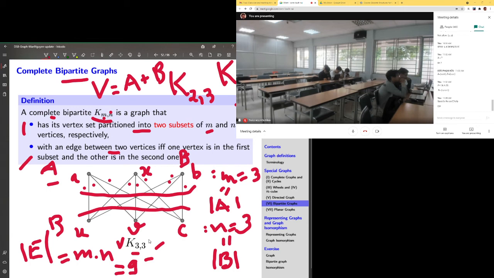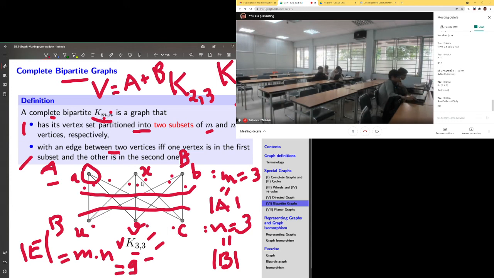Understand. Okay. But what is the difference between a bipartite graph and a complete bipartite graph? The difference is that in the complete bipartite we allow any vertex on one side, like this one, to connect to any other vertex on the other side.